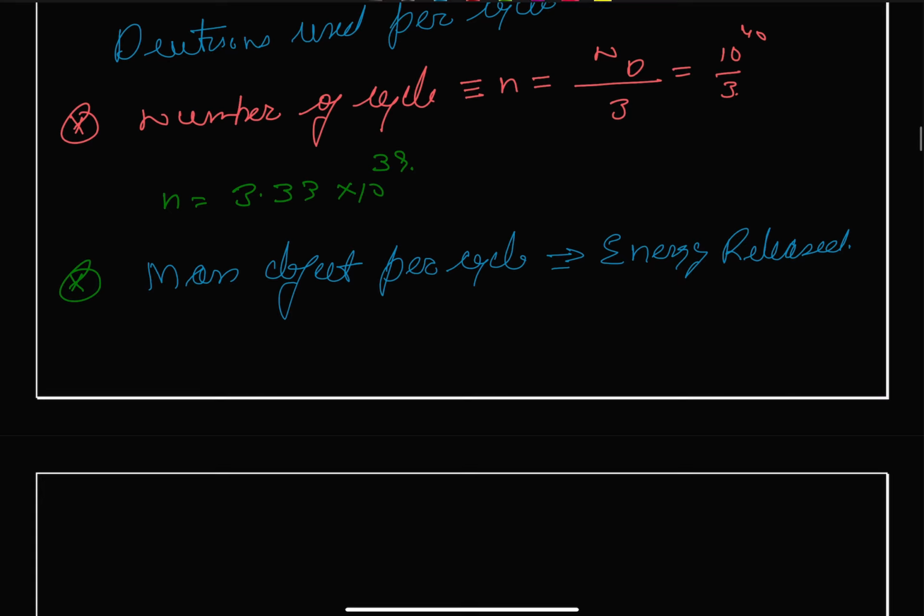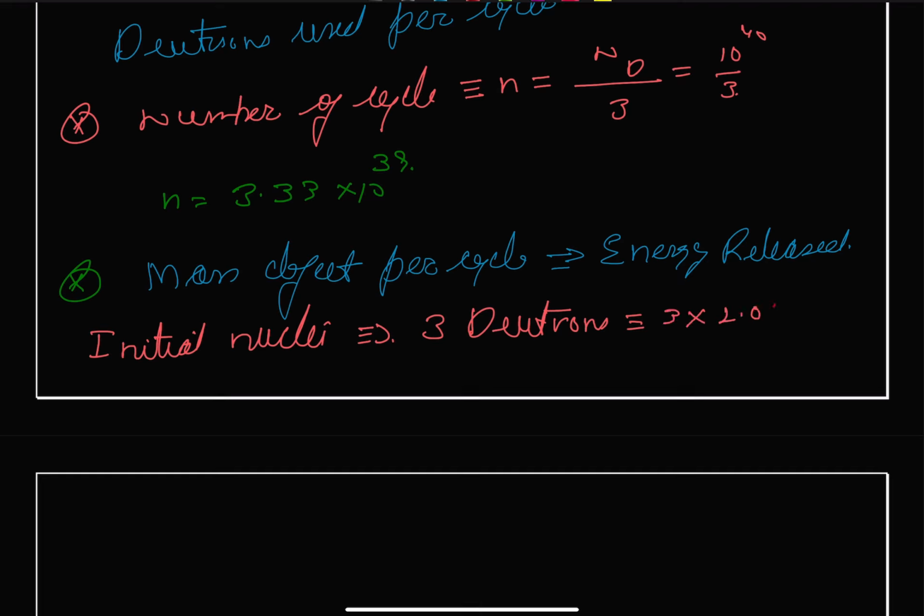We have 3 deuterons as our initial nuclei, and the mass of 3 of them will be 3 into 2.014, and this comes as 6.042 AMU.